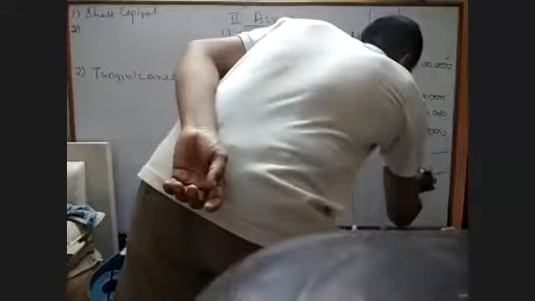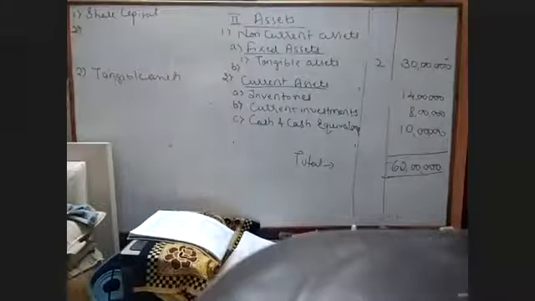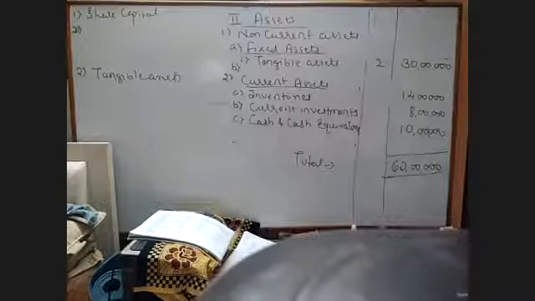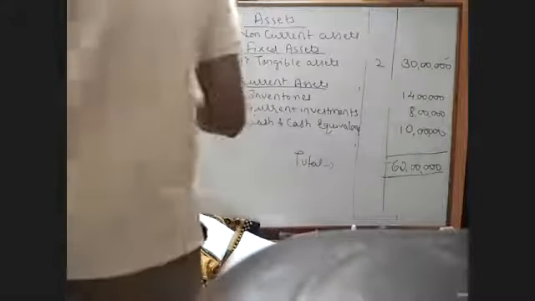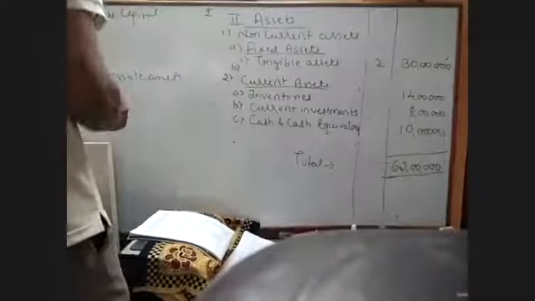That is 62 lakhs. You can find the total of Roman 1 was also same, that is 62 lakhs. Right? Now, share capital. If you make a working note, I'm writing it in short.